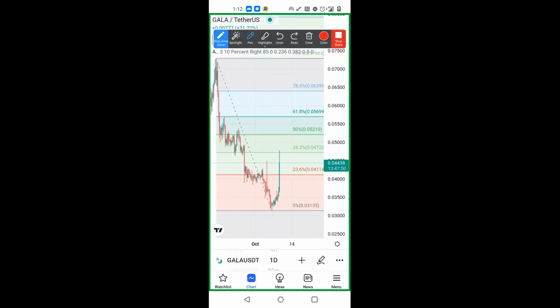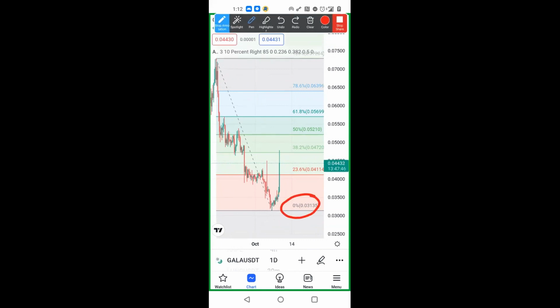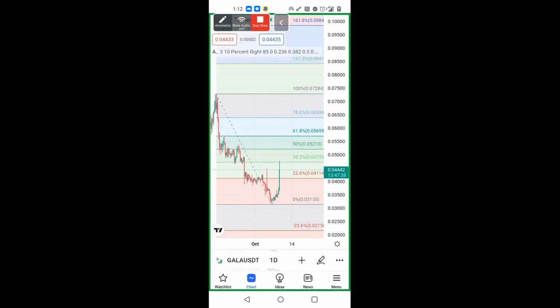Now all of us can see there is 0 here. And all of us can see there is 100 here. It is hidden in that word, but there's 100. Let me try to balance my screen. All right. Everybody can see 100 here and 0 here. What does this mean? This means that the market moved from 100 to 0.